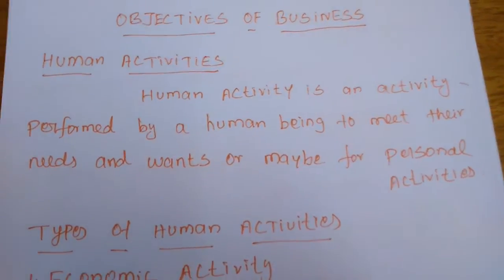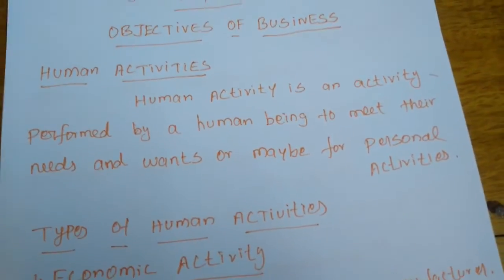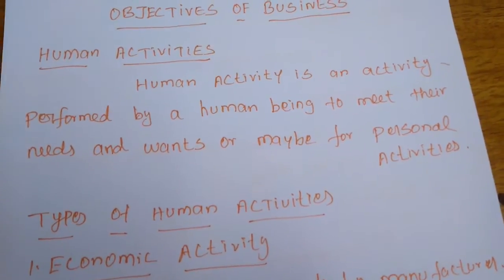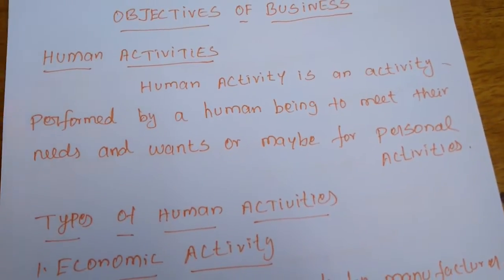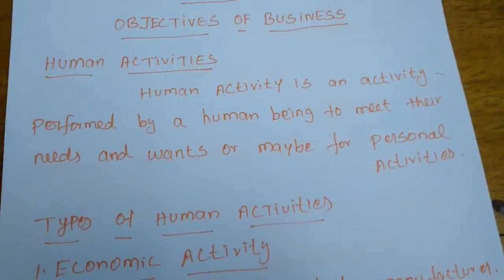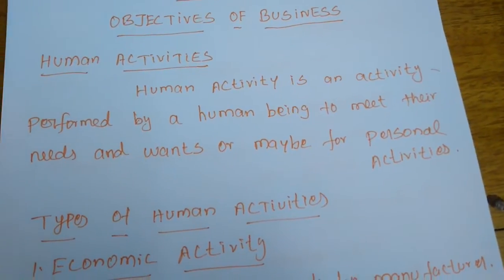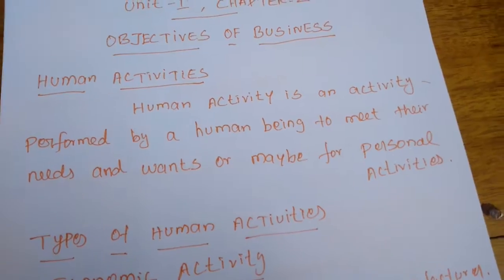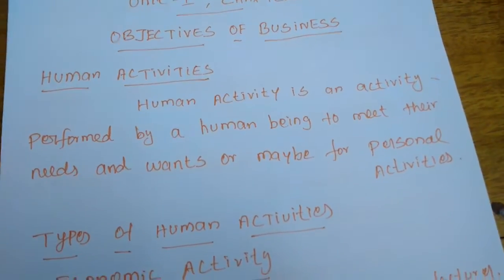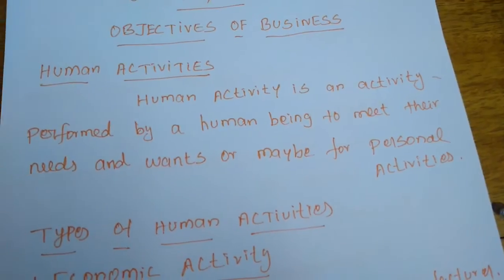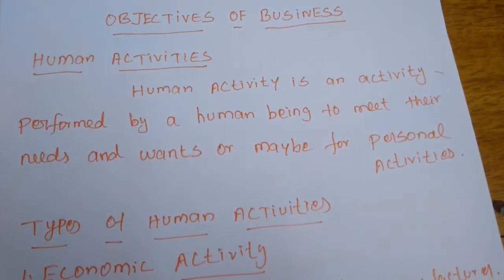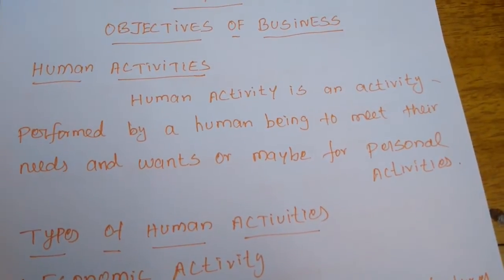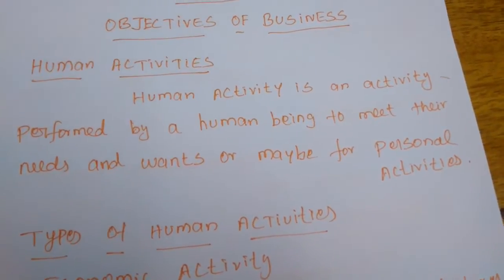As I told already, what we normally understand as human activities is the same. But in commerce, human activities are defined with some extra aspects. A human activity is a normal activity performed by all human beings to meet their needs and wants, or maybe for personal activities.